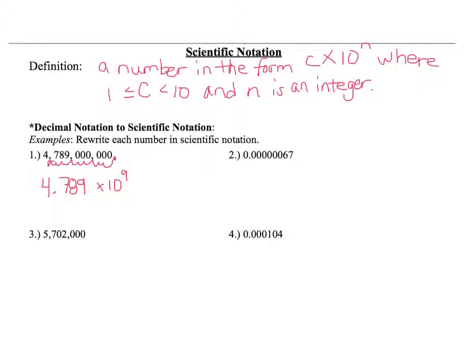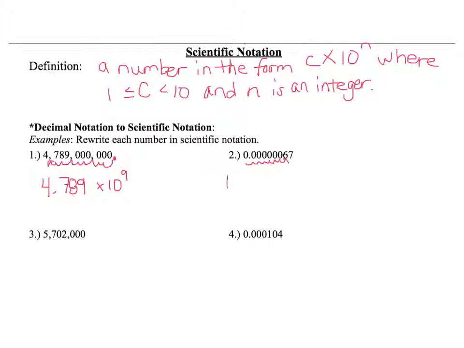On to the second example, we see the decimal right here, and I need to move it all the way over so it's behind the 6, right between the 6 and the 7, because I need one number that's not 0 to the left of it. So that's going to be 1, 2, 3, 4, 5, 6, 7 places.